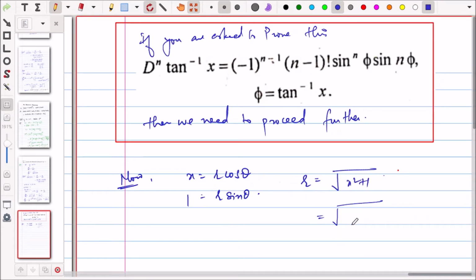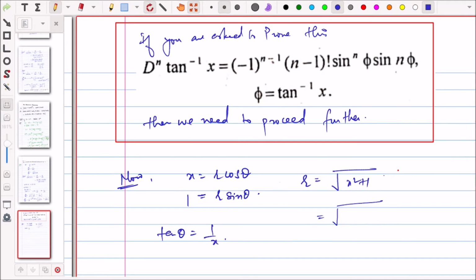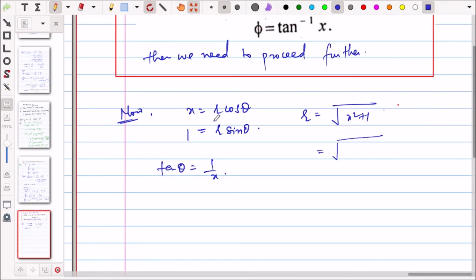Sorry, we will not take i, we take 1, the constant. So r is equal to the square root of x square plus 1. Then tan theta will be equal to 1 by x, since sin theta by cos theta will become 1 by x.